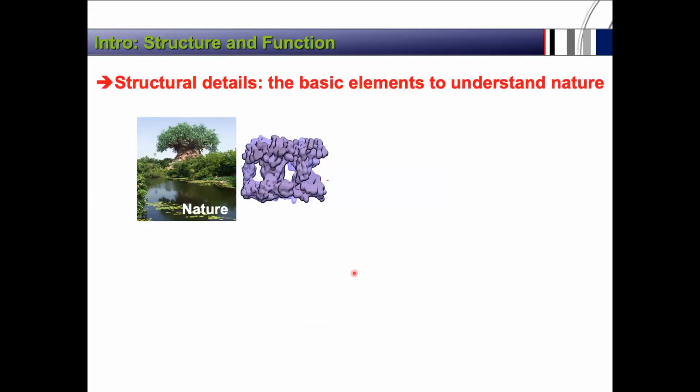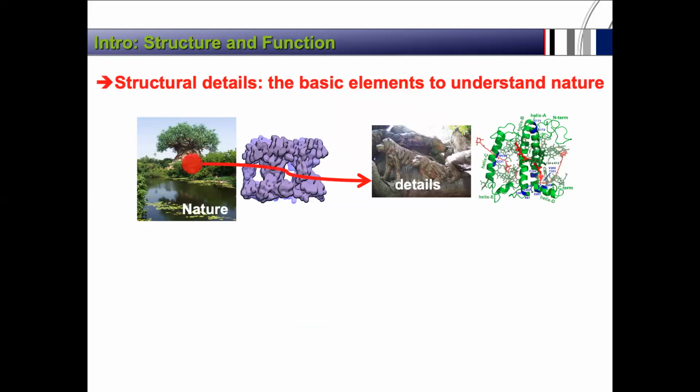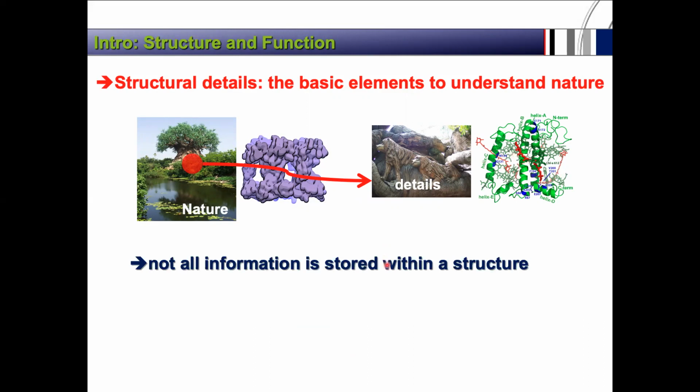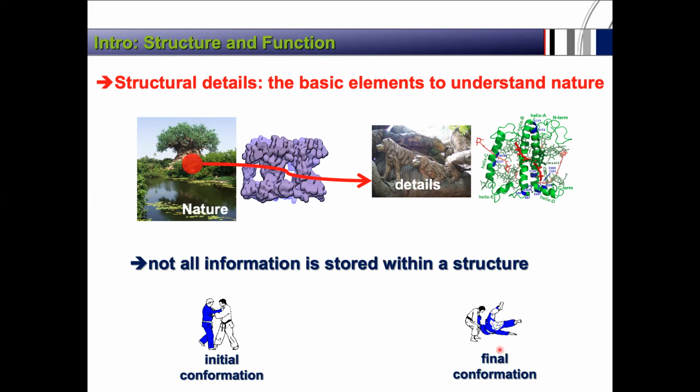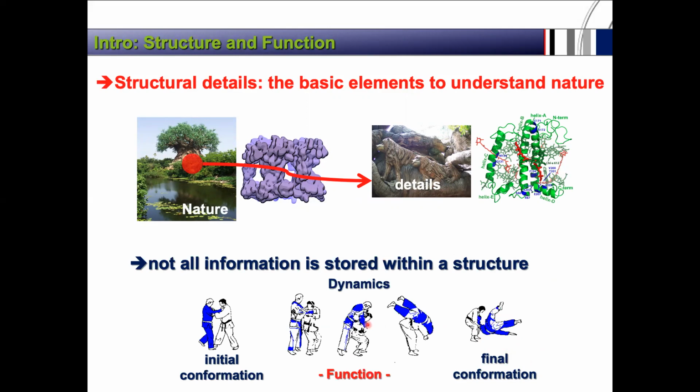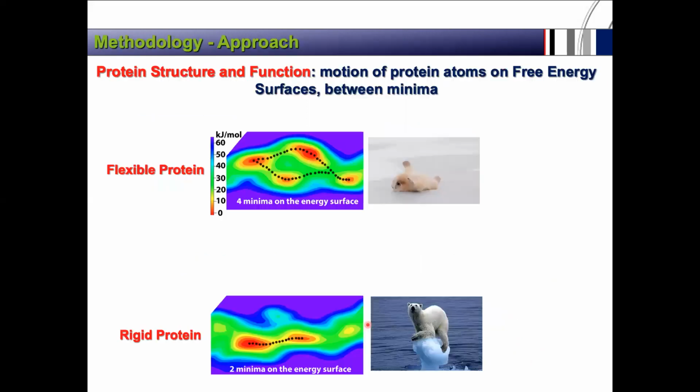Structural details are the basic elements to understand nature, as well as protein structures. However, not all information is stored within a structure. To go from an initial conformation to a final conformation, we also need the dynamics, which means the function of the protein.